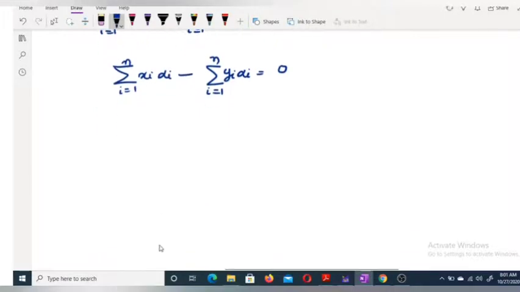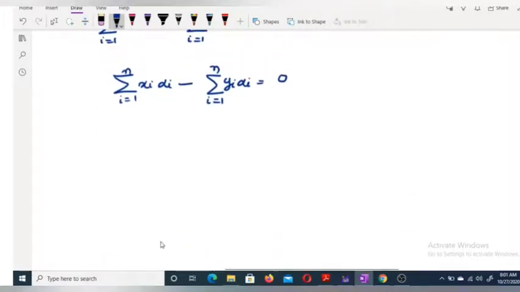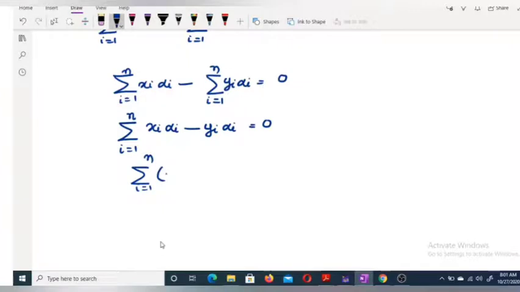Now the alpha i are common, so that is sigma i equal to 1 to n of xi minus yi times alpha i is equal to 0.